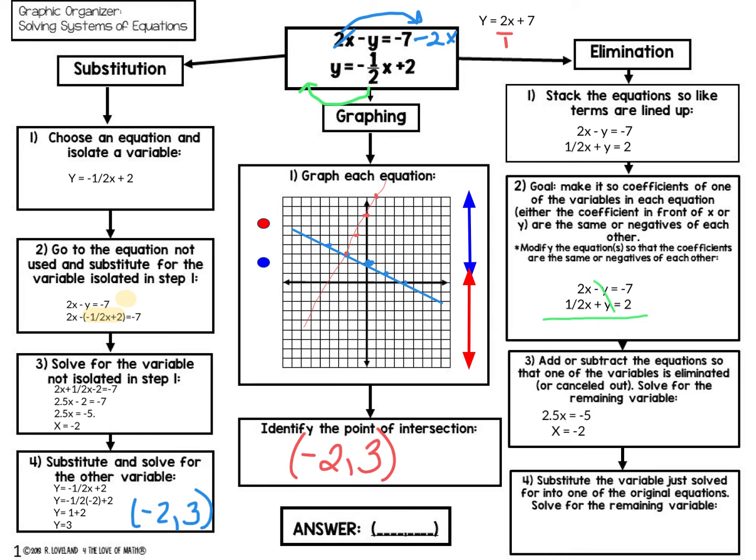So when I did that, I canceled out the y's, combined this, wrote 2.5x equals -5. Then I divided both sides by 2.5. -5 divided by 2.5 is -2. Remember, if you need your calculator to help you, use it.